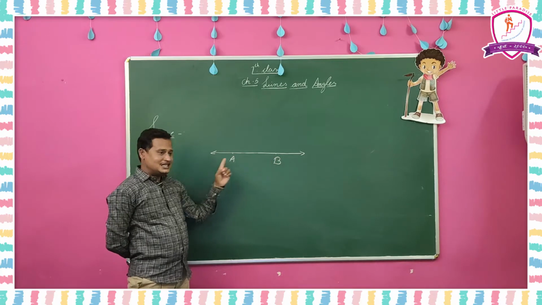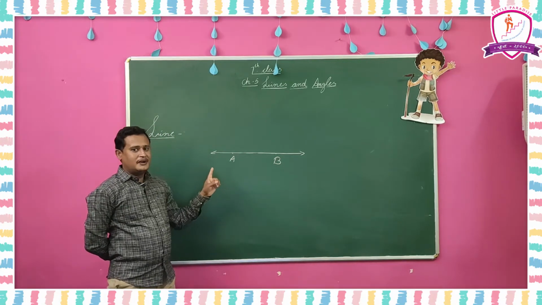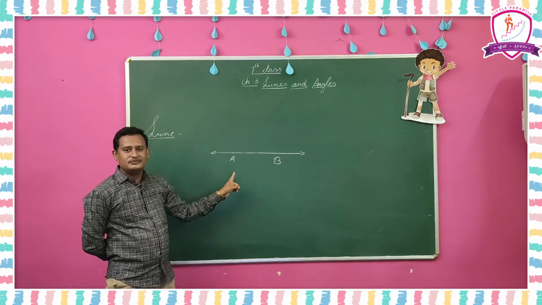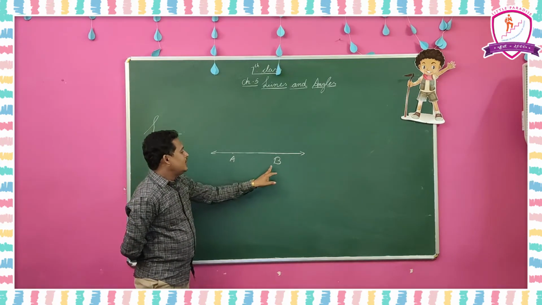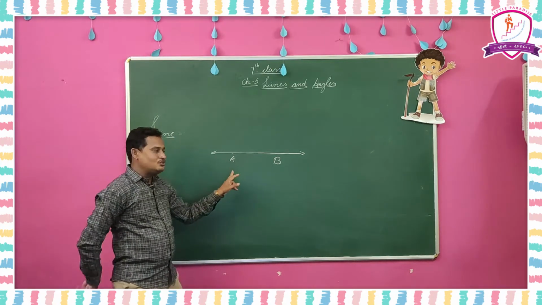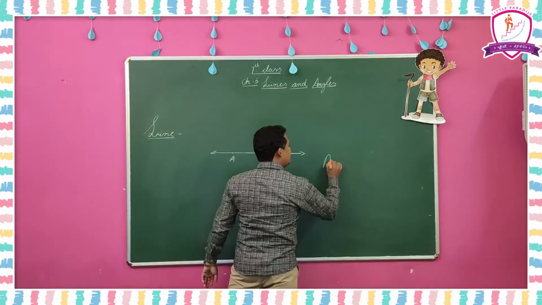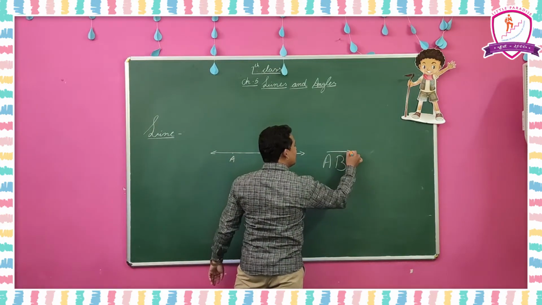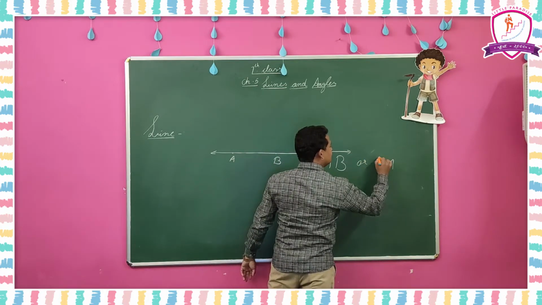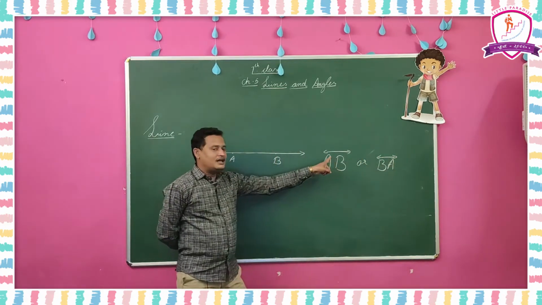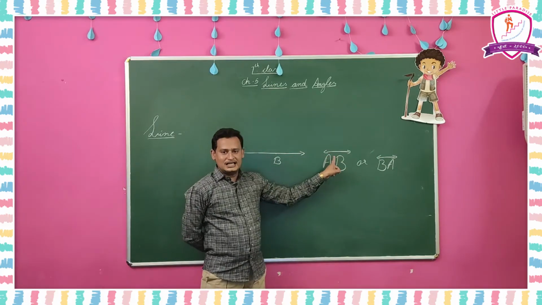This line passes through these 2 points, A and B, but these are not endpoints of the line. So we can read it as line AB or line BA, and we have to indicate it with a line symbol.